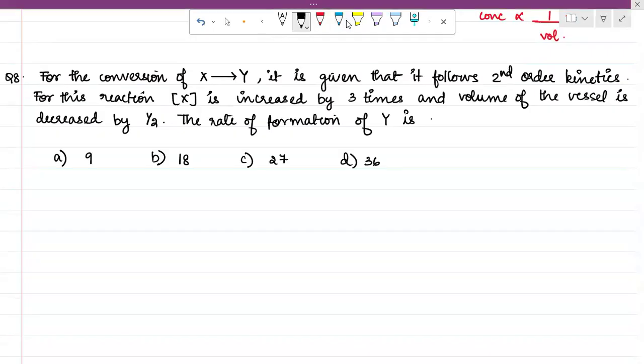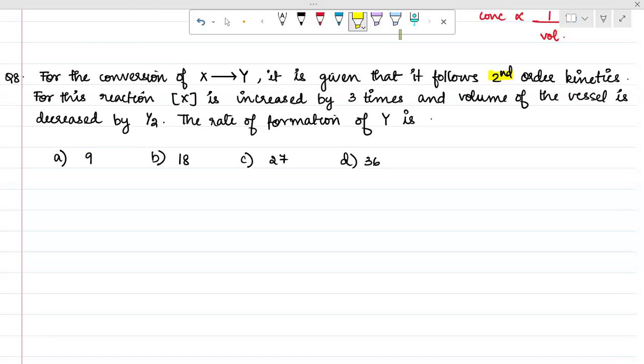Okay, so let's try. It's already given in the question that it's a second order kinetics. And they have asked for the rate of formation of Y. So let's write down the rate of the reaction first. Rate of the reaction is equal to minus dx by dt, and that is equal to plus dy by dt.